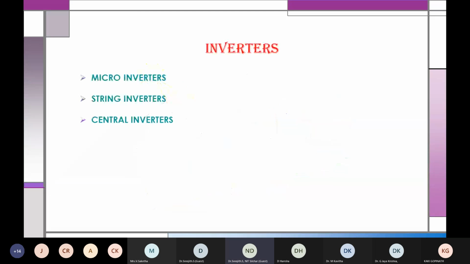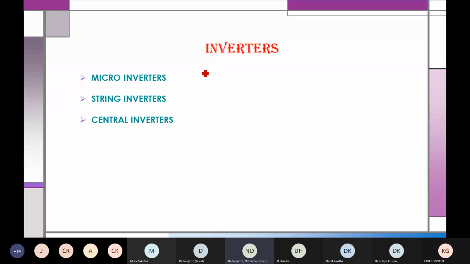And this I'll come to at the end. When you go for converters, the first one we have is the DC to DC converter. It is used for converting DC to DC, either fixed DC to variable DC or variable DC to fixed DC. If you want to step up the voltage, then I'll go for a boost converter.